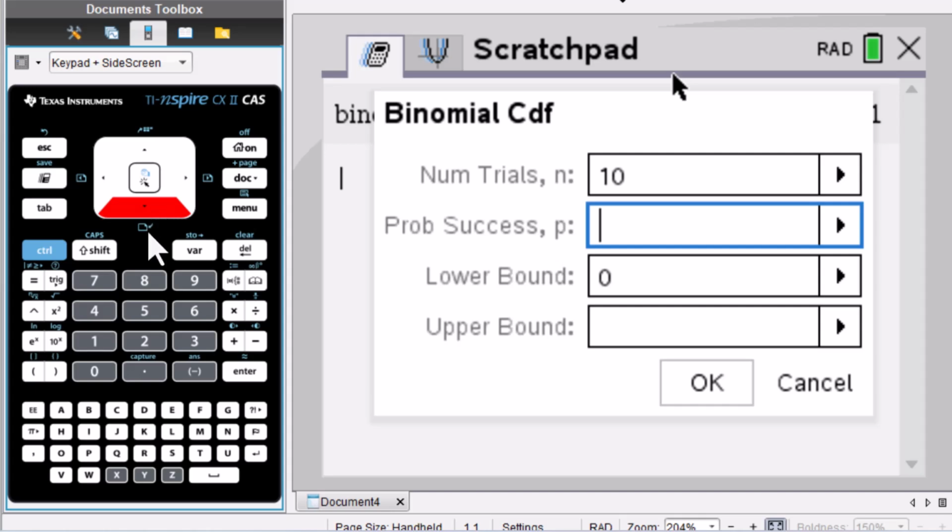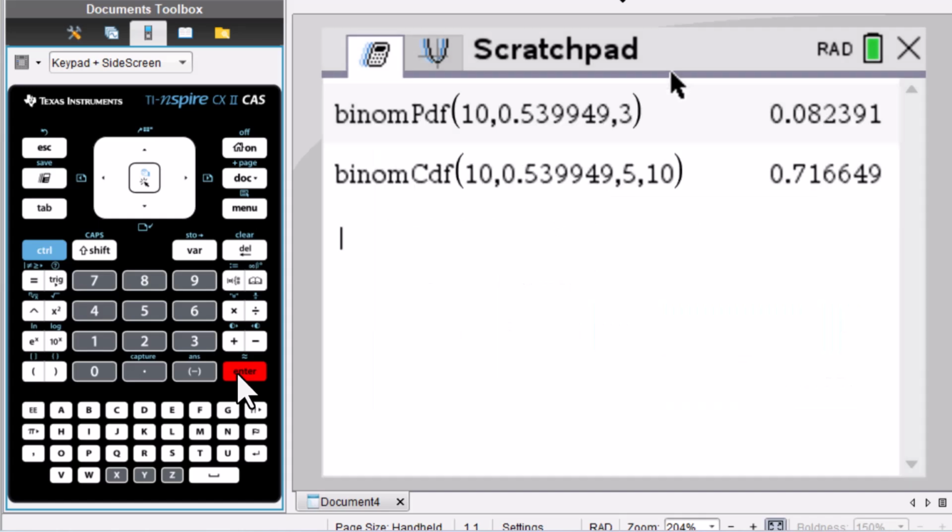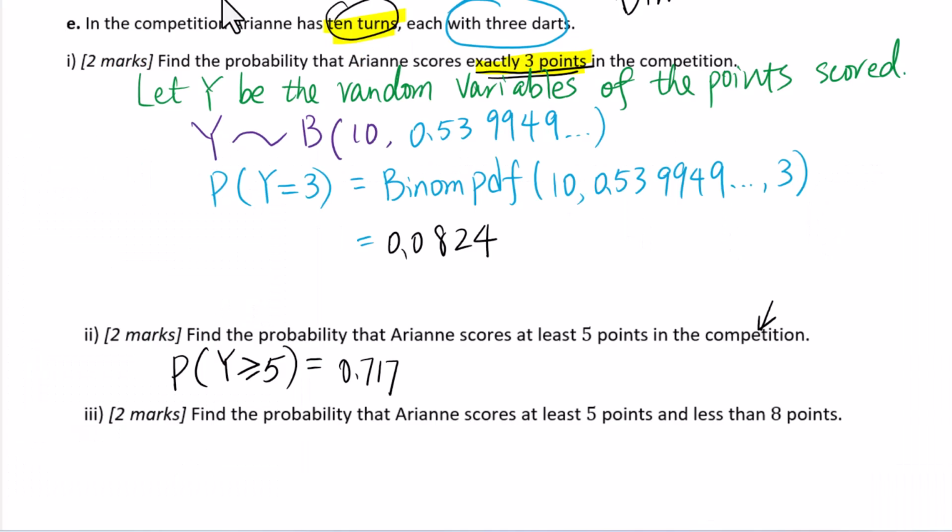Probability is 0.539949. Lower bound is 5. Upper bound is 10. Enter. Answer is 0.717. Remember, we used the binomial CDF.